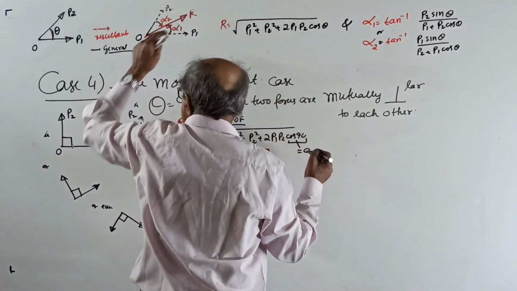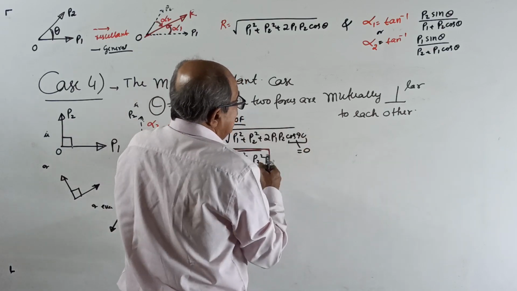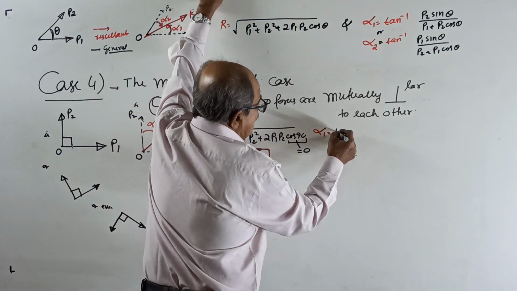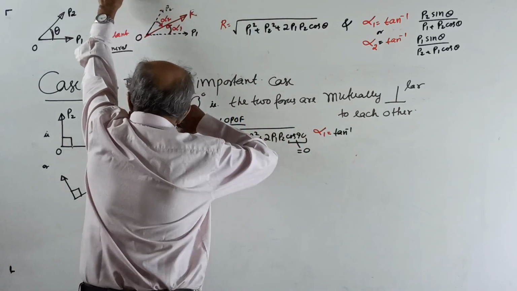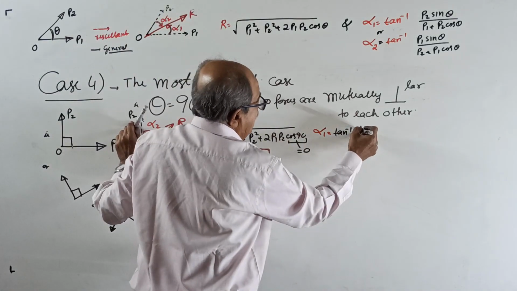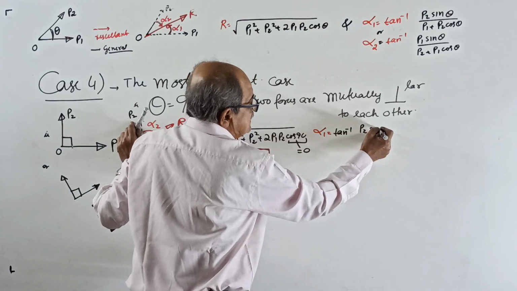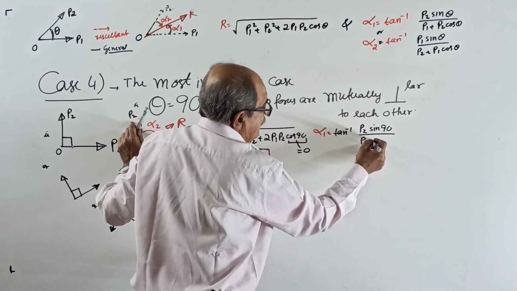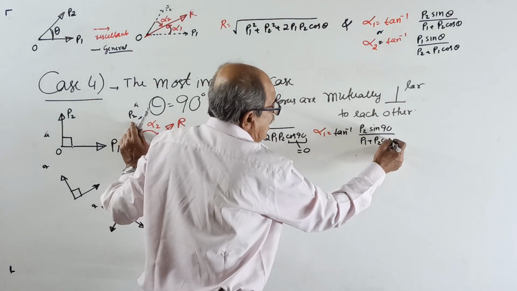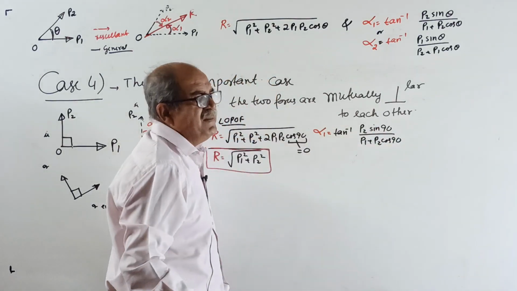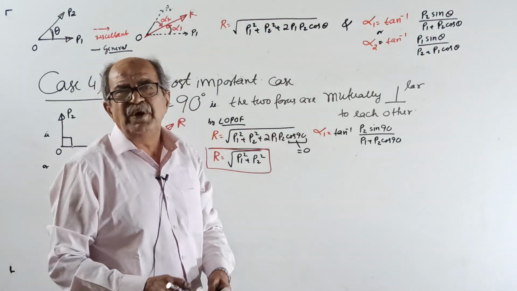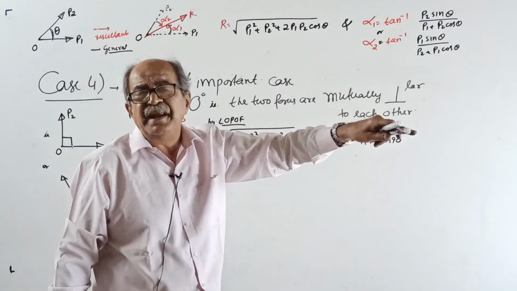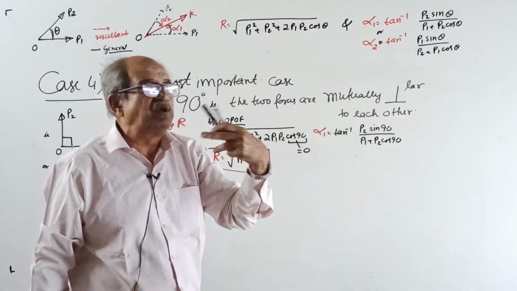And for any one angle, say alpha 1, alpha 1 equals tan inverse of other force P2 into sin theta, theta is 90, divided by P1 plus P2 into cos 90. This I already explained many times. I need not tell every class: other force into sin theta divided by that force plus other force into cos theta.